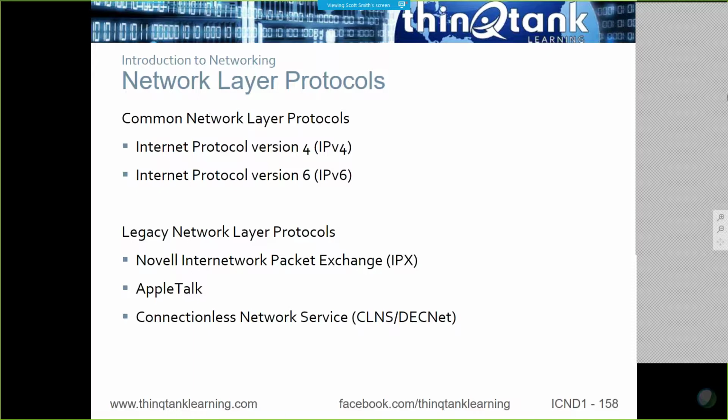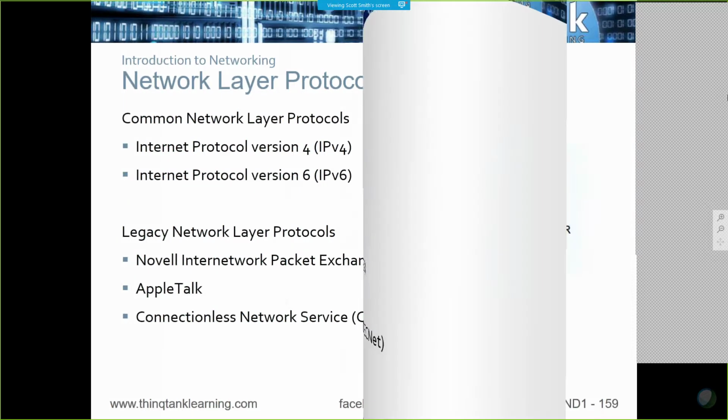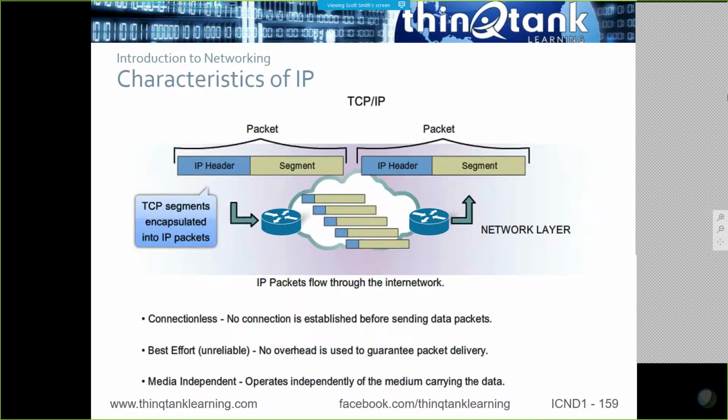So we're going to take a deep dive into each of these protocols. Very, very important chapter, actually. Not so much for the test, but for your general knowledge and understanding of how routers function and how routers make decisions. Now, the characteristics of IP, and by the way, this applies to both IPv4 and IPv6.